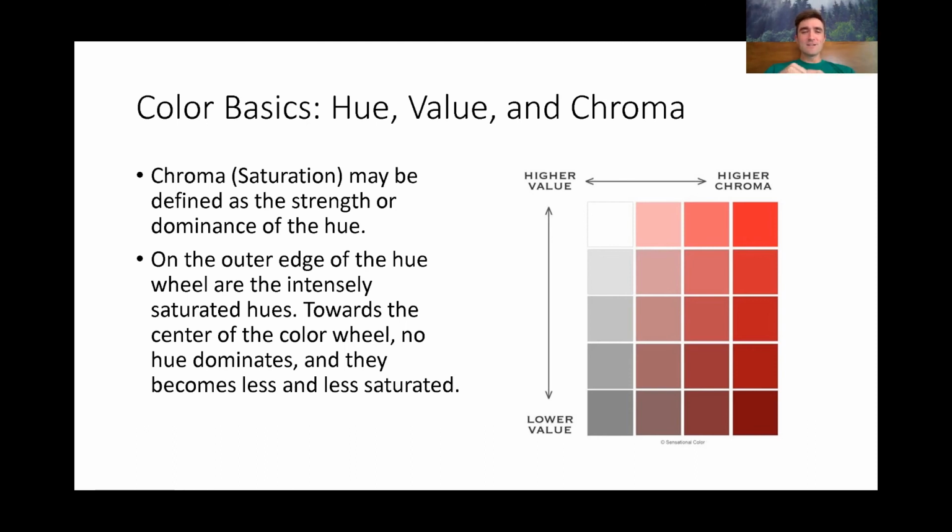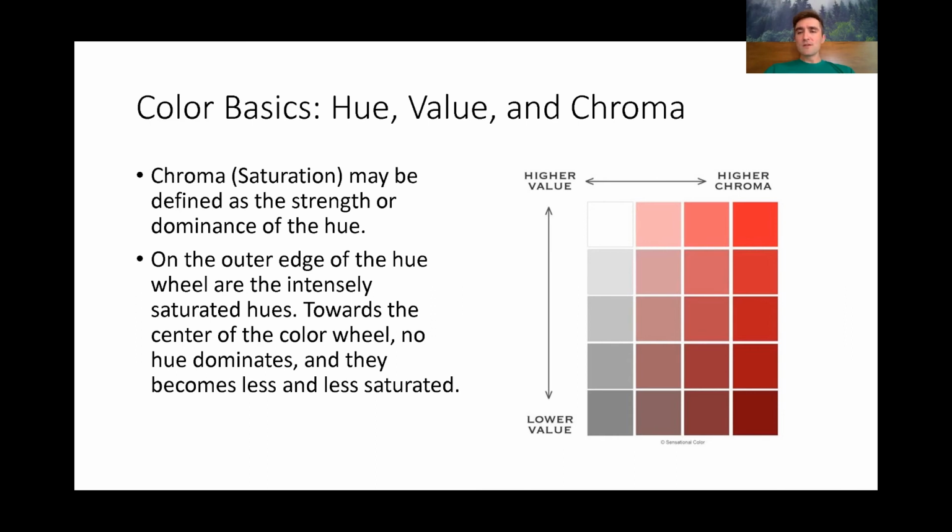It's a little tricky to describe, and you can't really think of chroma by itself. You wouldn't necessarily say, oh, we've got strong blue or weak blue, the same way you could say you have a light blue or a dark blue. But you have to compare it to the entire spectrum.